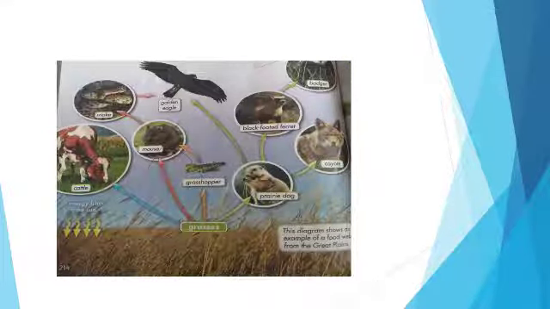This diagram shows an example of a food web from the Great Plains. As you can see here, grasses use air, water, and energy from the sun to make food. The energy passes to the cattle, the mouse, the grasshopper, and the prairie dog. They are all herbivores.